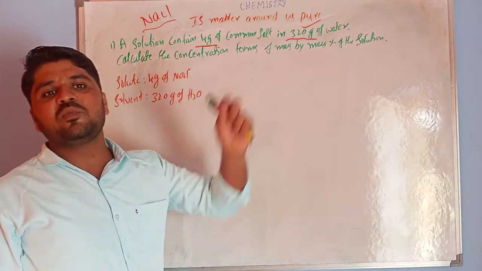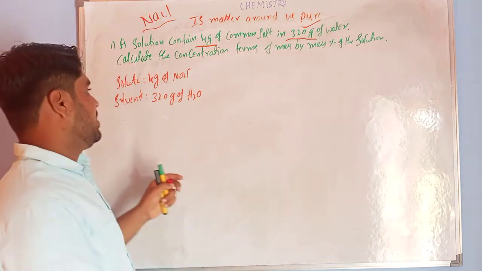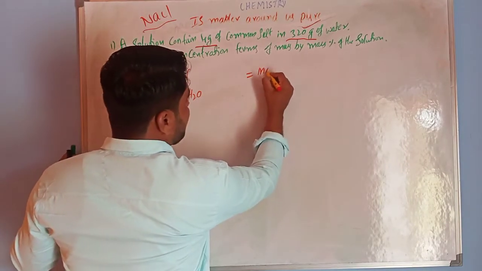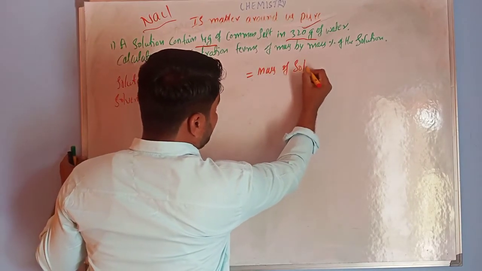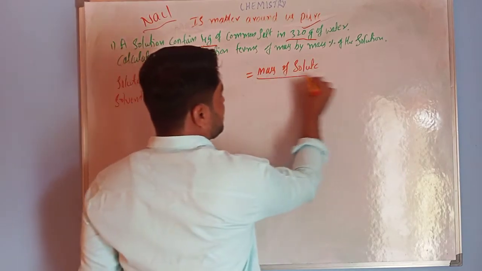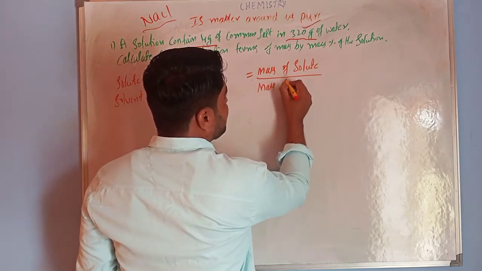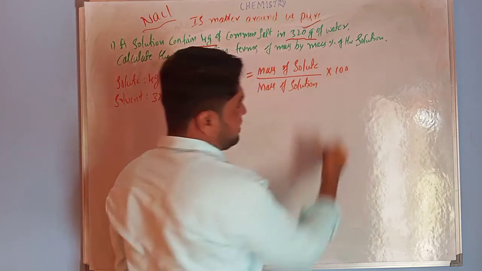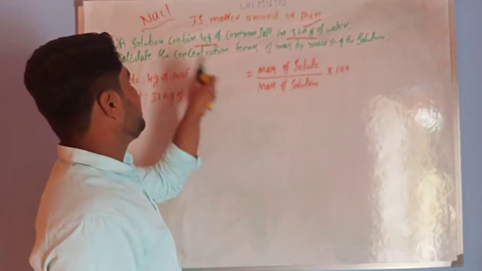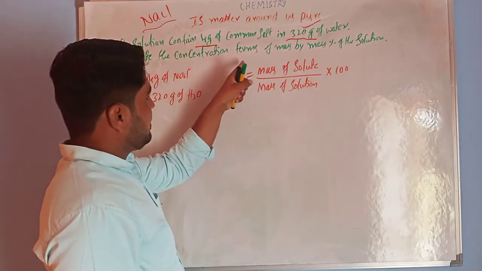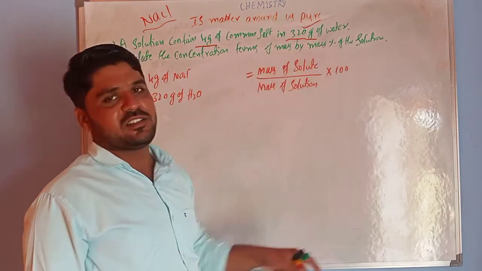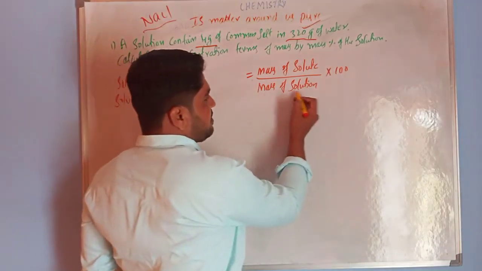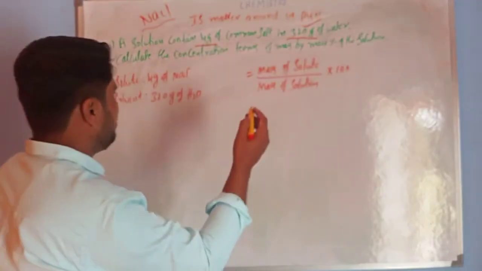So what is the formula? Mass of solute by mass of solution into 100. This is the formula to identify the concentration of solution by mass percentage. How to identify mass of solution?